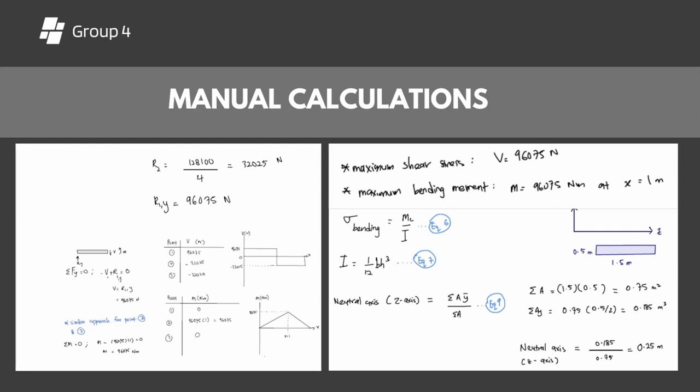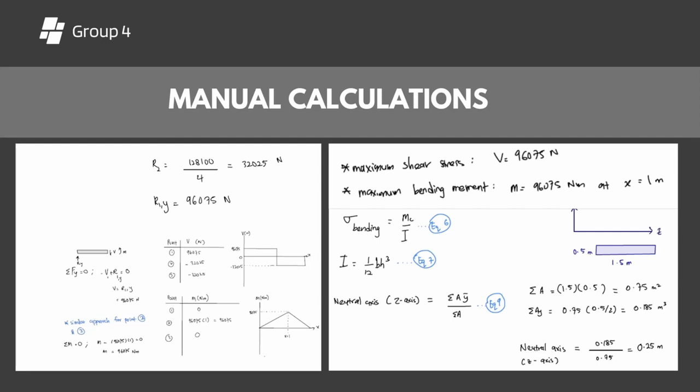From this, we can now draw the shear force and moment diagram to find the maximum shear stress value at 96,075 Newton and the maximum bending moment, which is also 96,075 at x equal to 1.